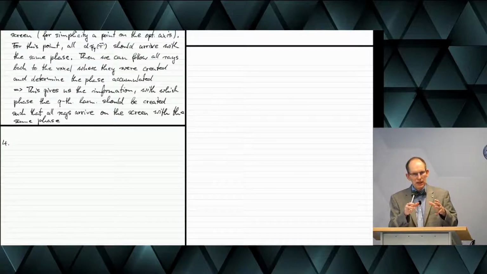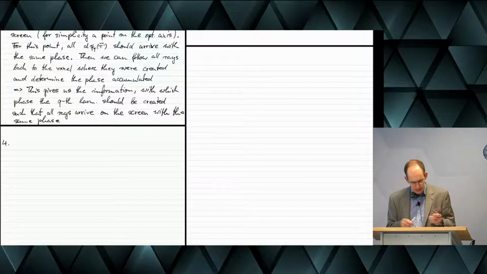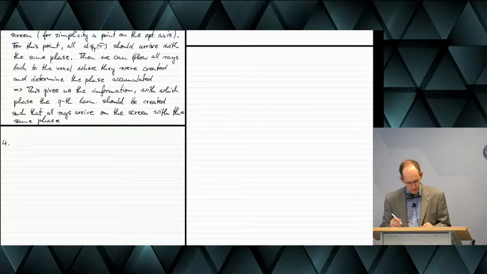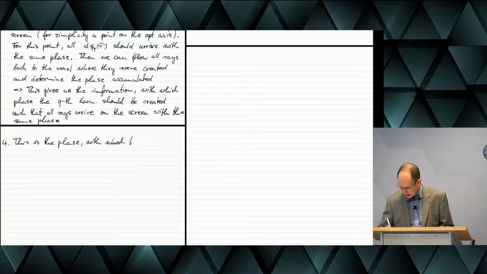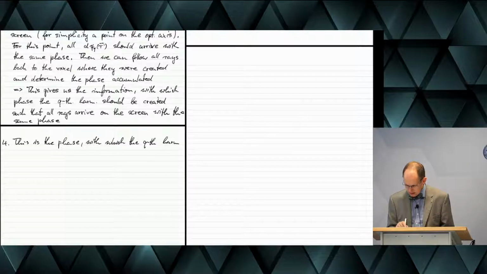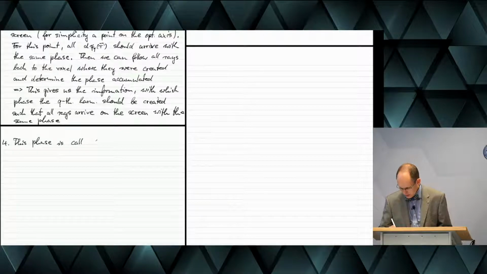So that the difference between this accumulated phase during the propagation should not vary with position. This phase is called phi polarization.